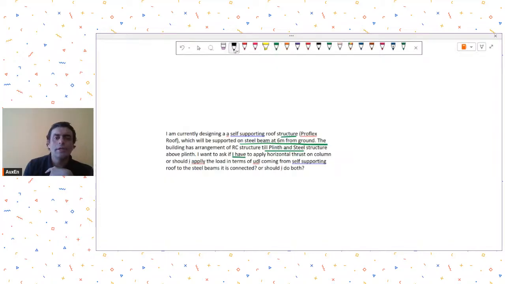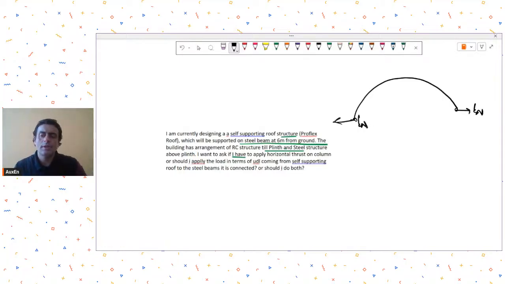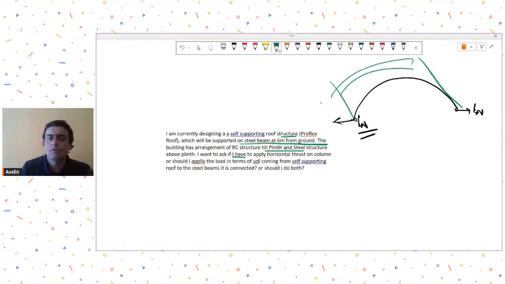No, if you are getting the reaction, see, I don't know how you have been given the reactions. Let's say if you have been given the reactions as thrust in kilonewton units, you need to figure out that for 1 meter length of this Proflex sheet, what will be the total reaction or total thrust?